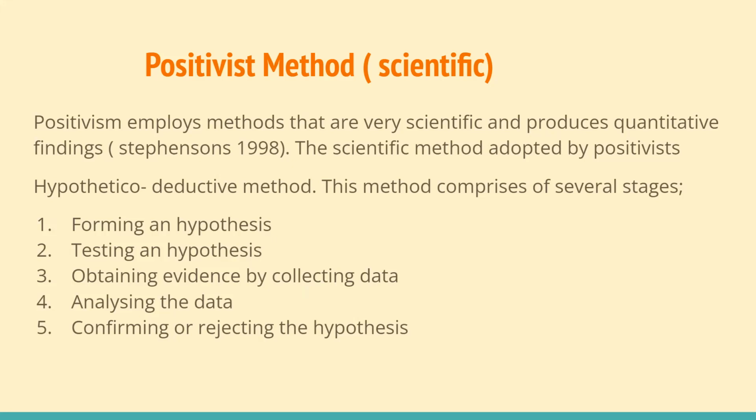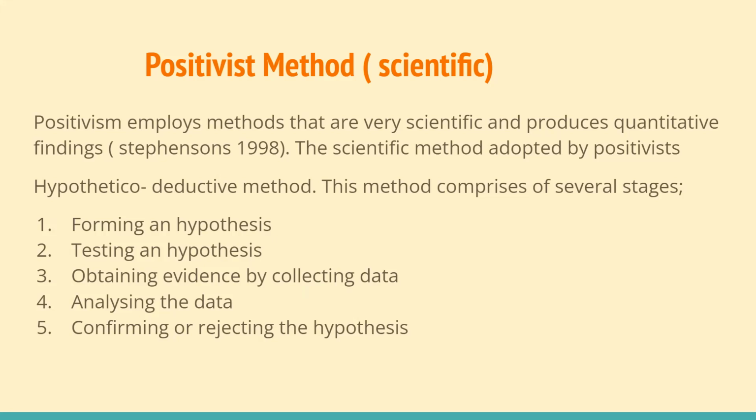This was postulated by Stevenson in 1998. Now, the scientific method adopted by positivists is known as the hypothetico-deductive method. This method comprises several stages, and we have looked at it in previous slides.